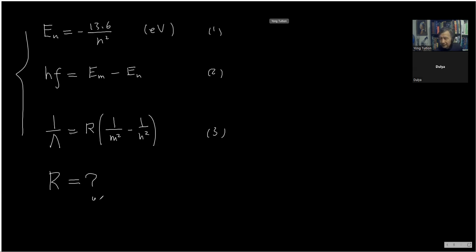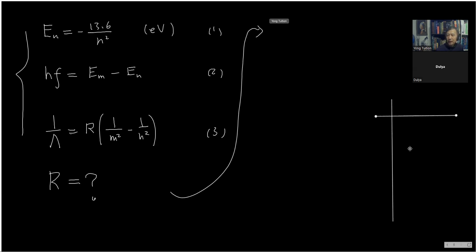Do you want to try? You can use this side, we have plenty of space here. Or before that, probably it would be helpful if I draw the energy diagram for the hydrogen atom. So this is the ground state, the lowest one.